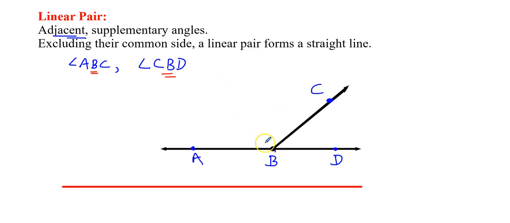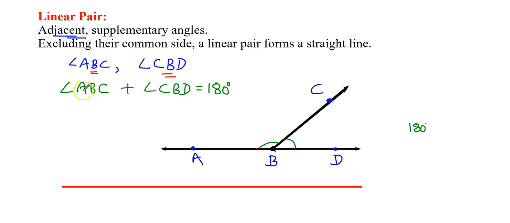Now also the sum of these two angles, on adding the measures of these two angles, the total is going to be 180 degrees, the sum. That is, if I add the measure of angle ABC to the measure of angle CBD, the total is going to be 180 degrees, which is a straight angle, right?